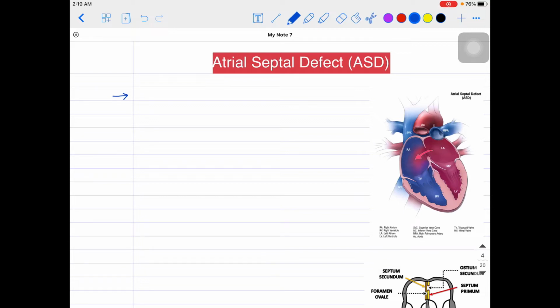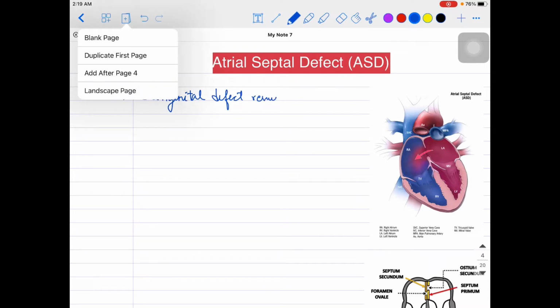What I'm writing over here is, first of all, it is a congenital defect, guys. It is a congenital defect which results in an opening in the interatrial septum of the heart, between the left atrium and the right atrium.